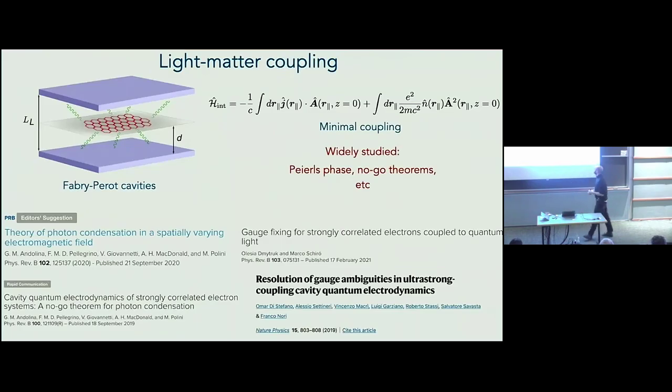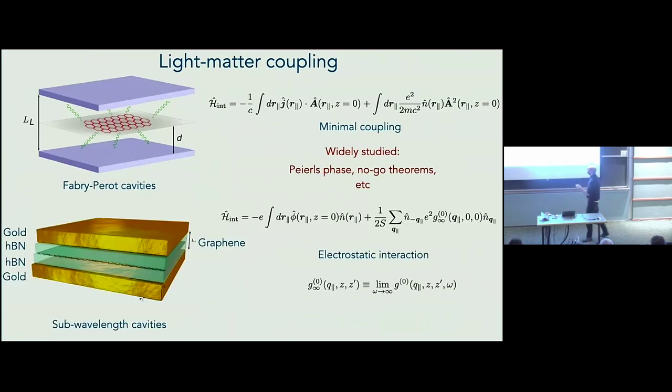Okay, and let me say that first of all, you don't couple anymore with the vector potential that is widely studied, I mean, corresponding to Paris phases, these no-go theorems that prove that it is stable and everything, but instead the coupling is different. So the coupling for this kind of cavity is mediated in this way, so you couple via the density to the scalar potential, and then you also have an additional electron-electron interaction.